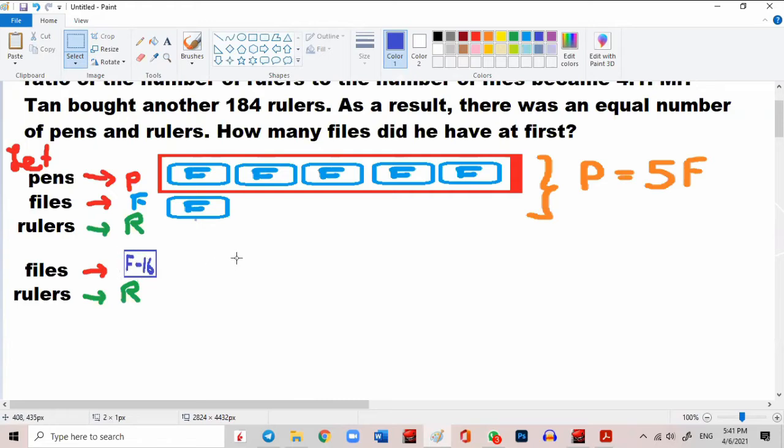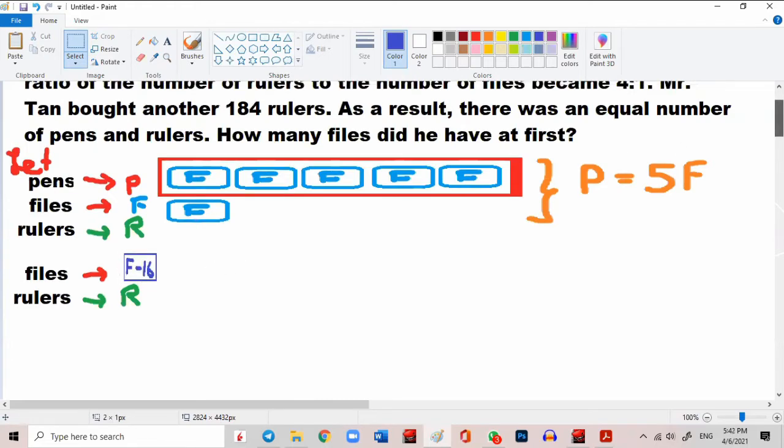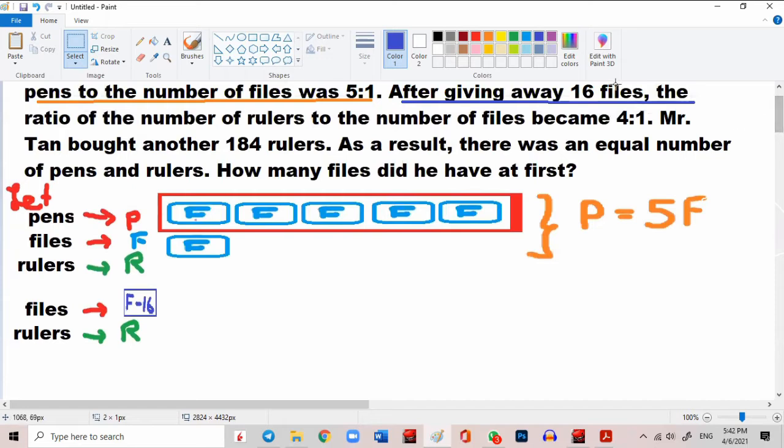Because you gave away 16, then you compare to the rulers. So the number of rulers to the number of files, which is no longer the original F but F minus 16, becomes 4:1.